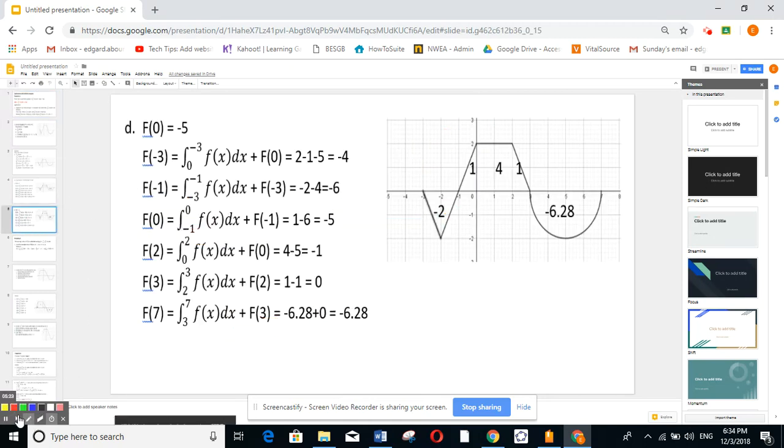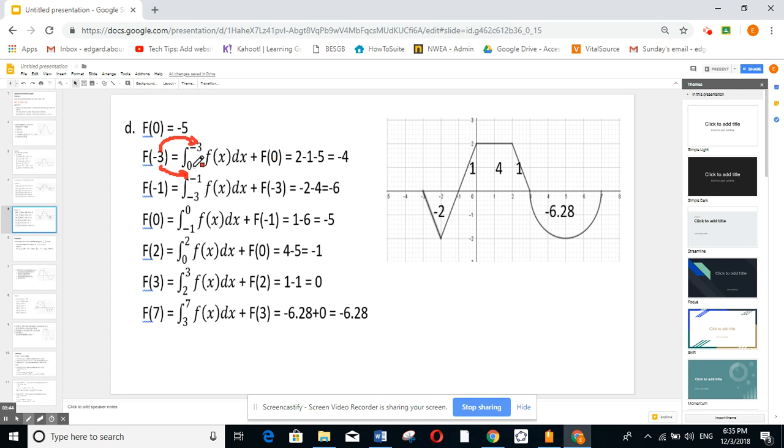So I want f of minus 3. So I put the minus 3 up. Given the 0, I put the 0 down. So it will be the integral from 0 till minus 3 of small f of x plus big F of 0.